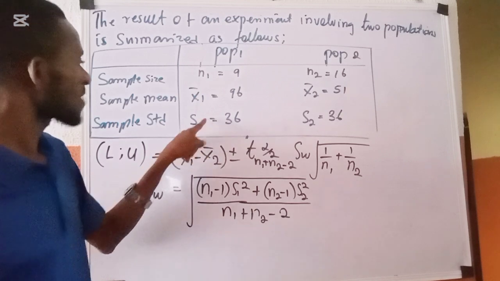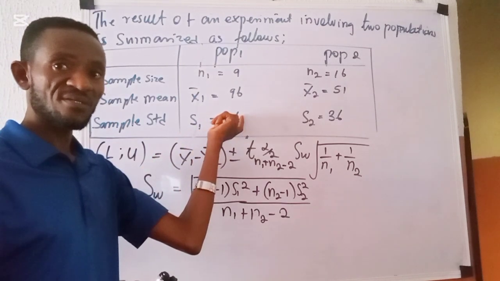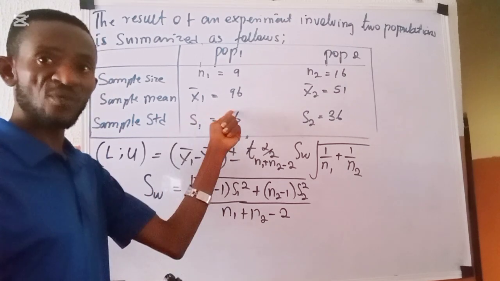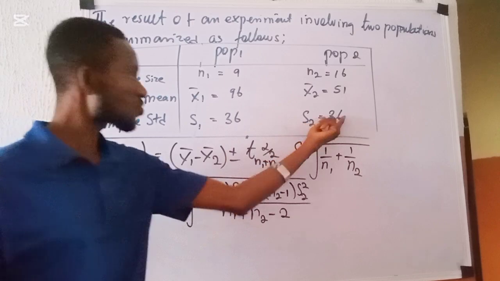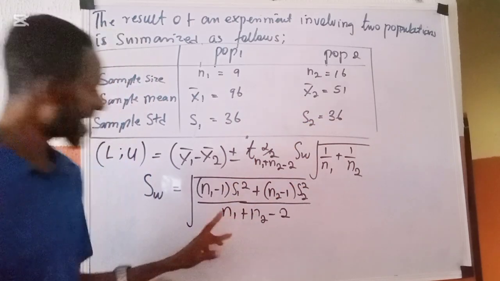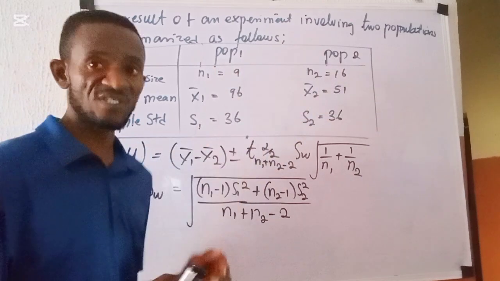So for you to get the S1 squared, you are going to square this 36. That's the implication, so you have to square this, then you square this one equally, for you to get your S_w. Then here, of course, is your n1, which is this 9, and n2, which is this 16.